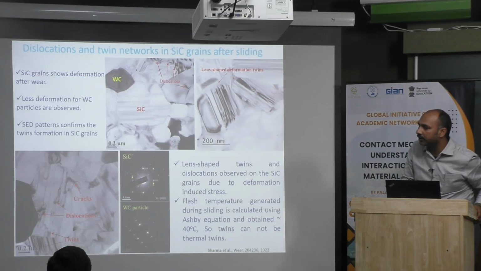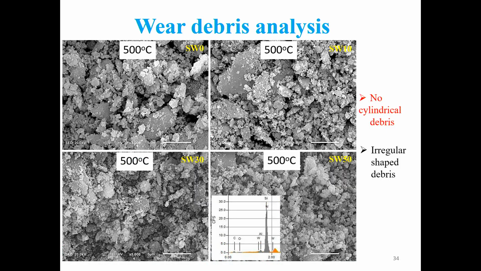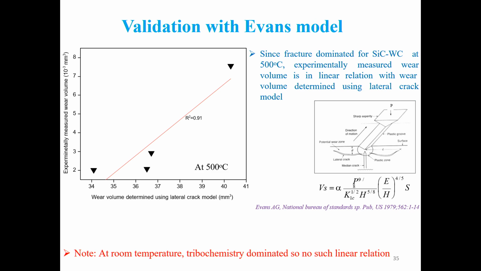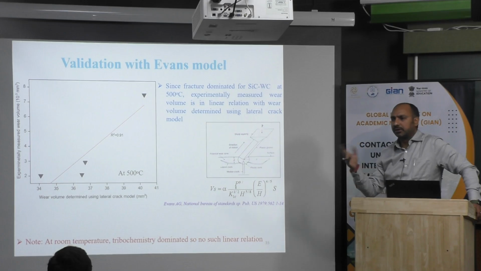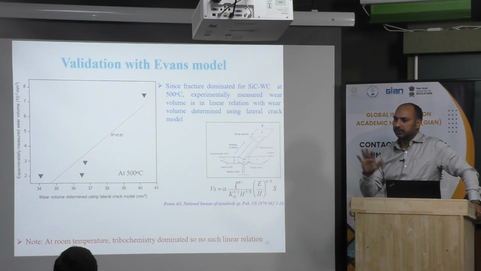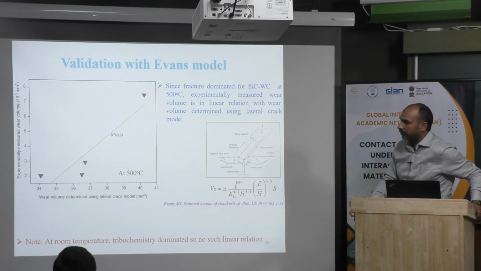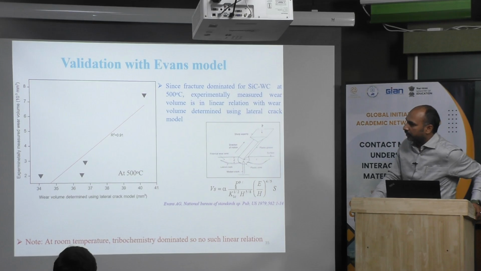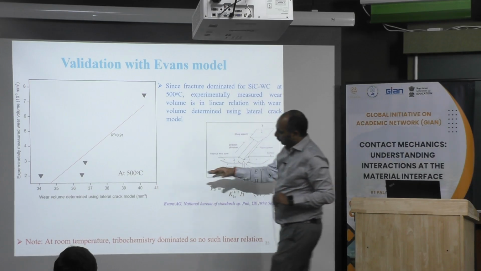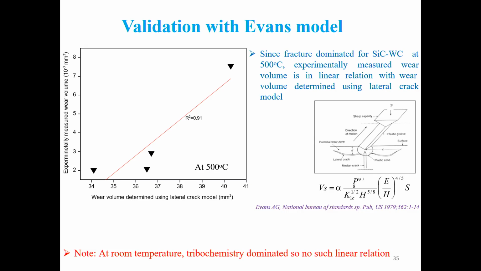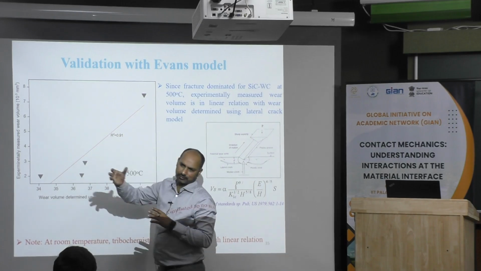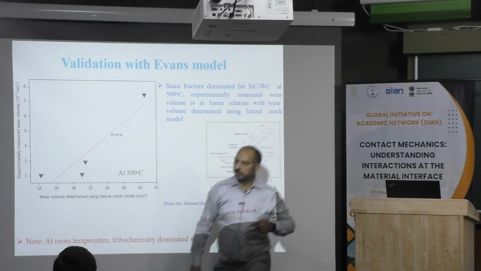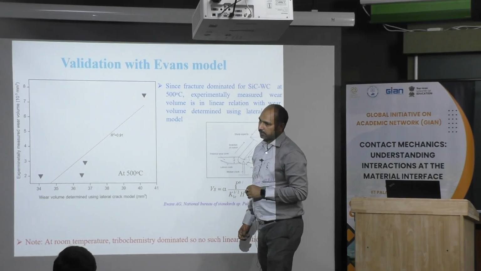Where? Yeah, this one, validation. Here we are comparing with the R square value. If the R square value is more than 0.9, we consider it a good regression. So that's what we are getting if you go through all the values.